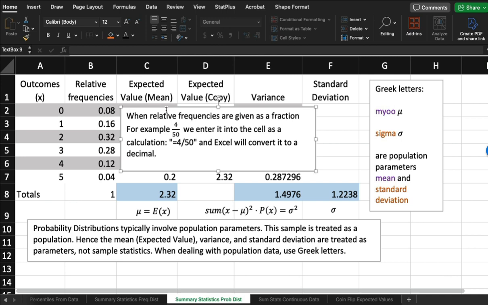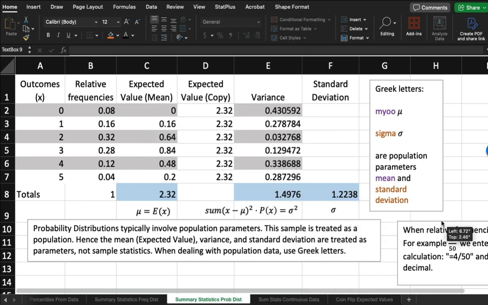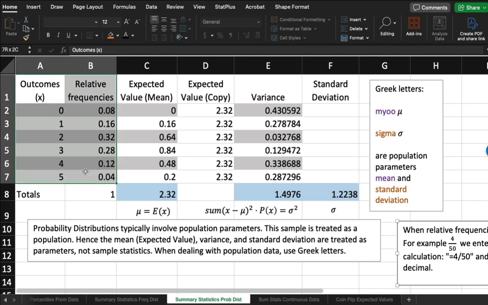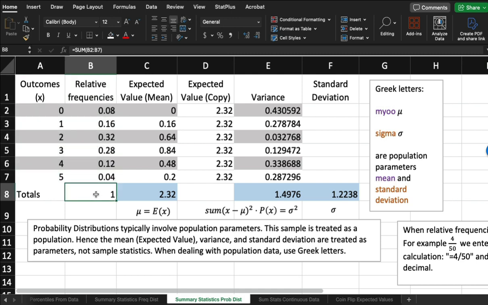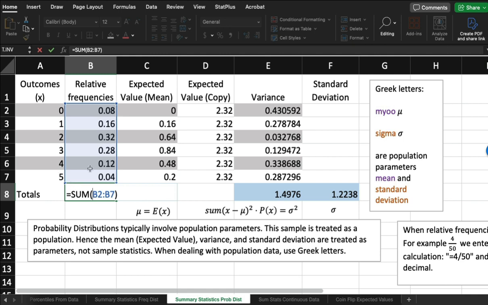So let's move this information aside here. We've just typed in our data, and down here in the totals row, I just want to verify that all of my probabilities add up to 1. So I'm going to sum up all those numbers in column B. In cell B8, I typed equals sum parenthesis B2 colon B7.